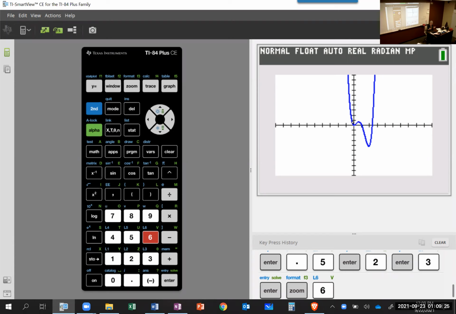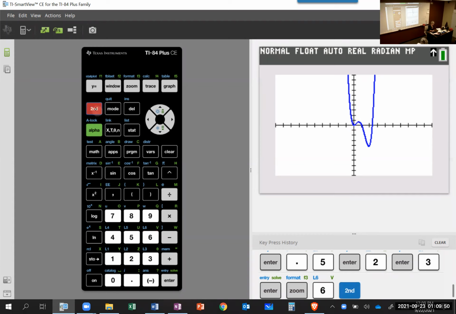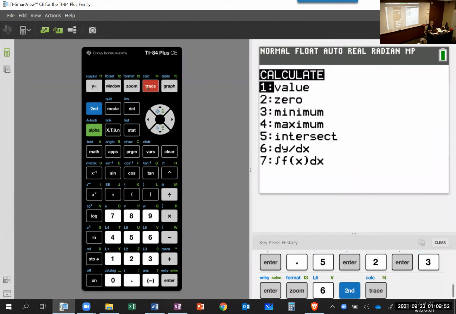So to sketch this now on your paper, let's determine what are the actual ordered pairs for these turning points. I want to know what the max and the min values are, okay, to 1 decimal place. So let's find the maximum here that's occurring between 0 and 1. If you don't remember how to do that, we're going to go to second trace, and I want to find maximum.